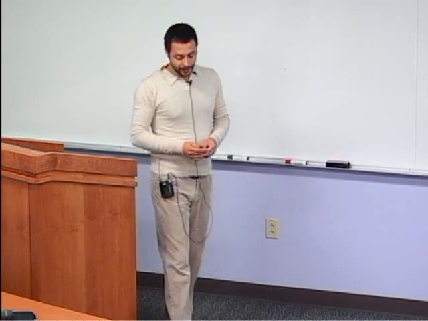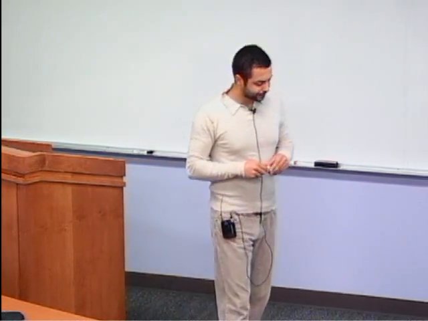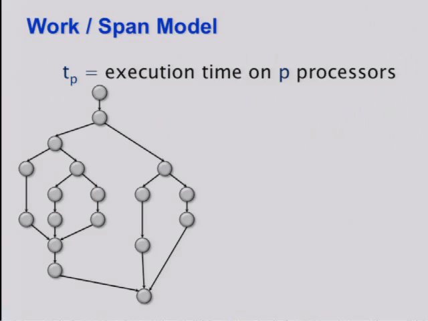Instead, in some of the algorithms, I'm going to be using a slightly related model called the work-span model. This is really related to PRAM because, in a way, it also ignores communication costs, but it tells you what is possible in the best scenario with a given algorithm.